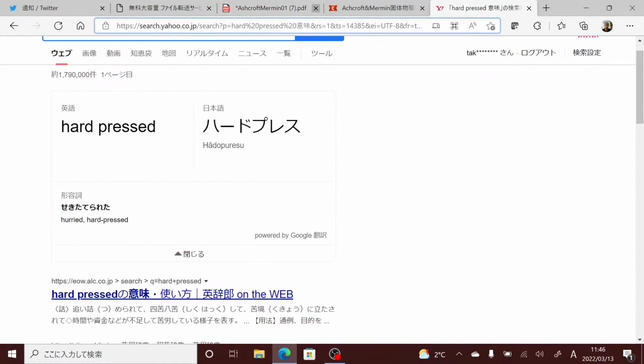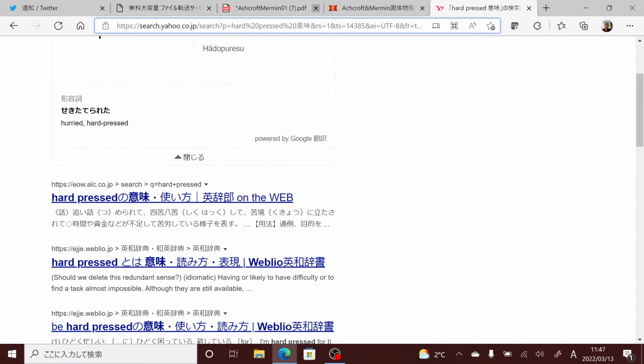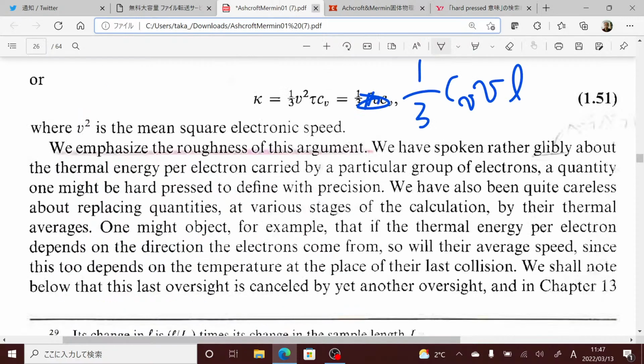We have also been quite careless about replacing quantities at various stages of the calculation by their thermal averages.